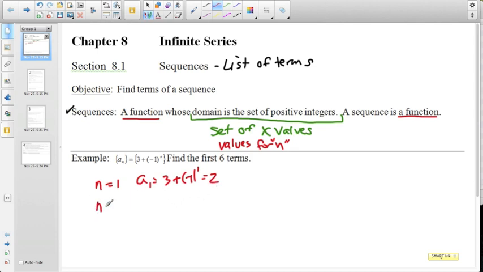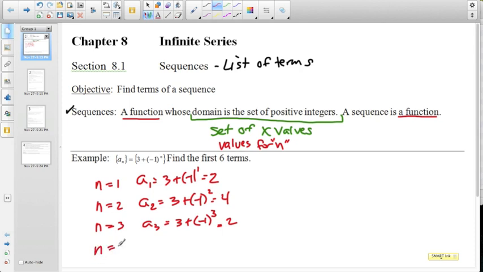And when n equals 2, a sub 2 is 3 plus negative 1 squared, which is 4. Then if we look at the third term of the sequence, when n equals 3, we can start to see a pattern take place. Negative 1 to the third power, so we're back at a value of 2. And so on and so forth.